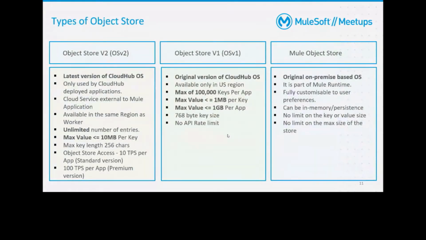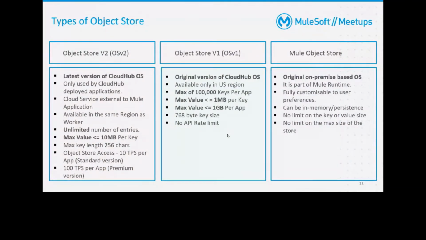Now, coming to the types of object store. There are three different types of object store here. The two main categories are the CloudHub object store and the on-premise one. Object Store V1 and V2 are mainly CloudHub object store, and Mule object store is the one for on-premise, the last one we see here.